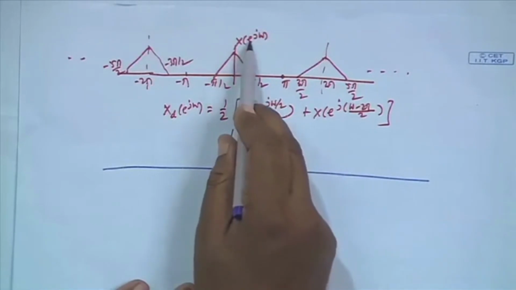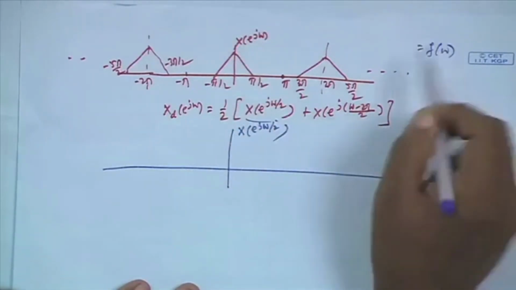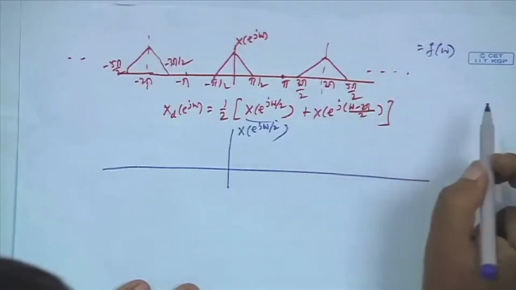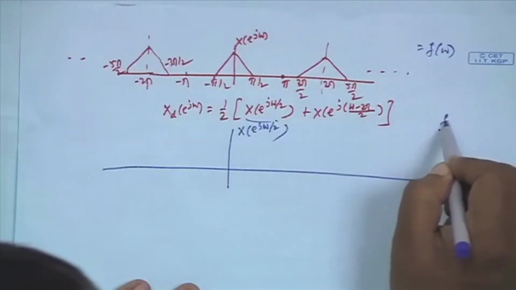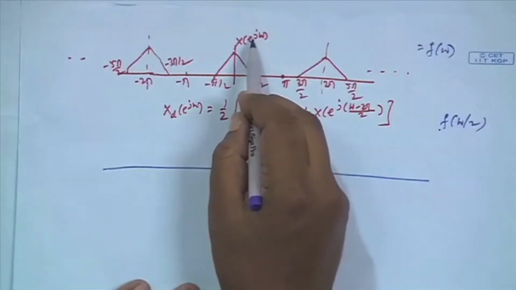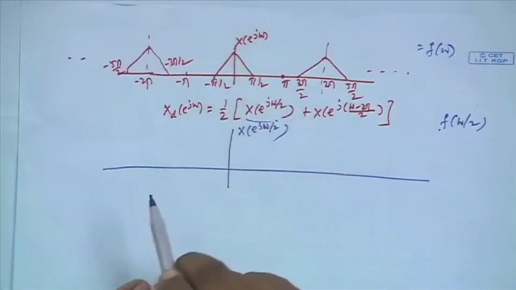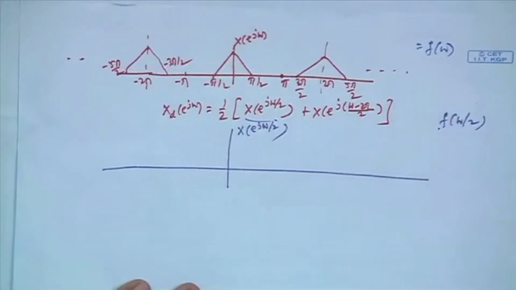Now, X e to the power j omega is some function of omega. E is constant, j is constant, it is just a representation. Actually, it is a function of omega. So, this is a function of omega by 2. If you call it f omega, it is f omega by 2. f omega is plotted, how will f omega by 2 work?